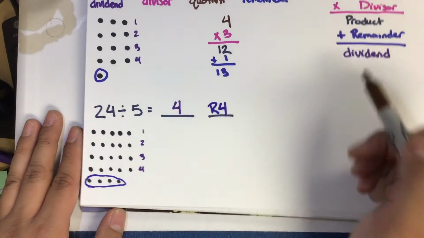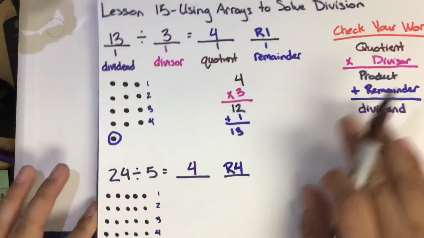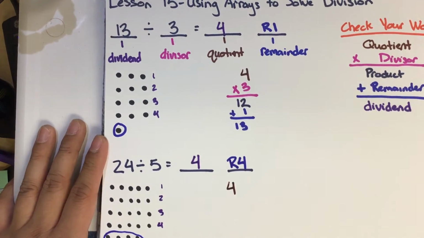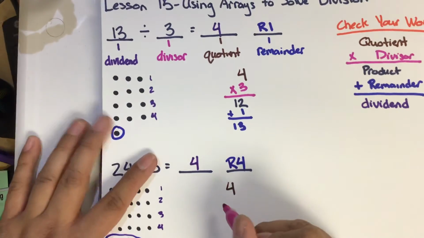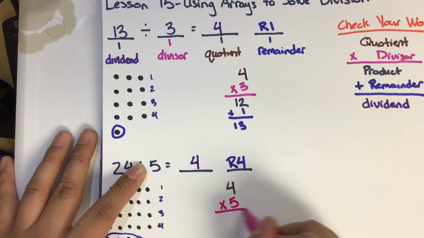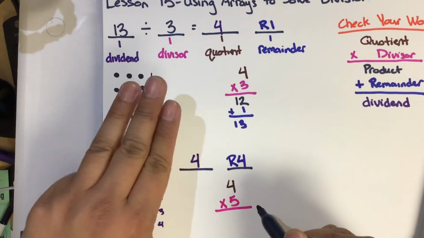So we're going to take our quotient times our divisor. So we're going to take our quotient, which is 4, times our divisor, which is 5. Sorry, I was looking at this one. So 4 times 5. That will get me 5, 10, 15, 20.